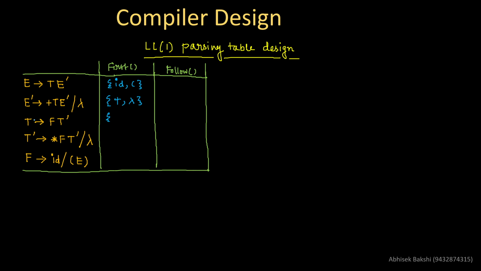First of T means first of F, and first of F means again id and opening brace. Similarly, what is first of T dash? First of T dash is either star or lambda. So finding first is very easy, I think. And first of F is again id and opening brace.